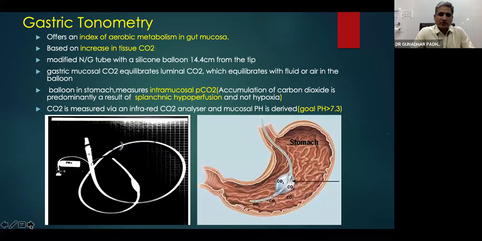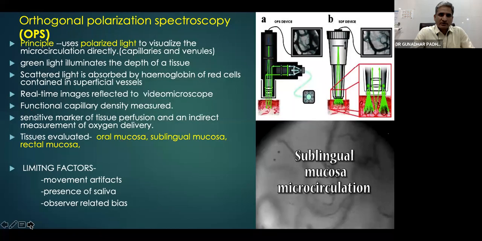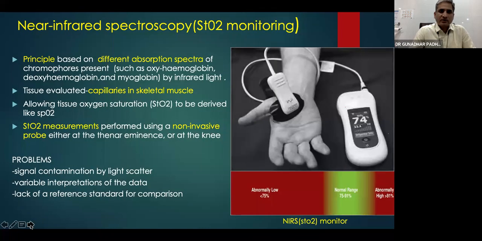Gastric tonometry is not routinely practiced. It is an index of aerobic metabolism in the gut mucosa. You can put an esophageal balloon and measure this. Orthogonal polarization spectrum: basically you can keep the probe in the oral mucosa, sublingual mucosa, and rectal mucosa. It is particularly very, very useful for patients where you want to measure different oxygen levels or saturation at a particular tissue level, like in the hand or in the brain or in a particular part.